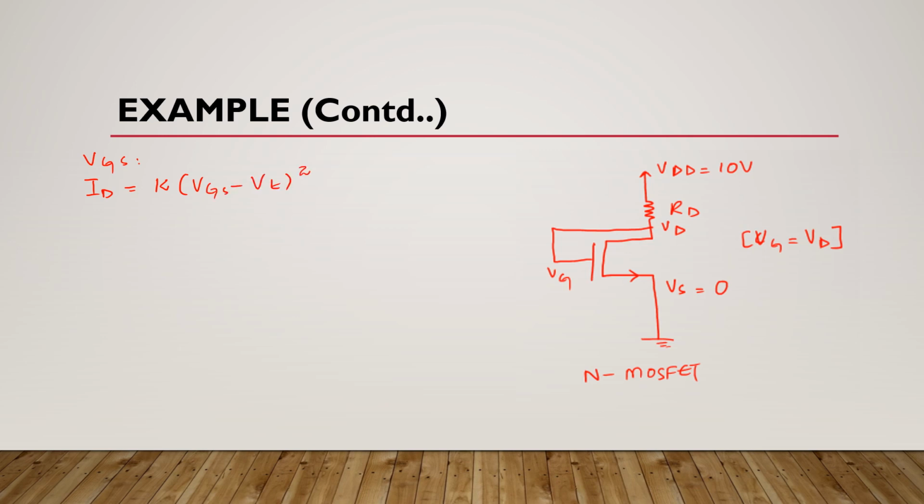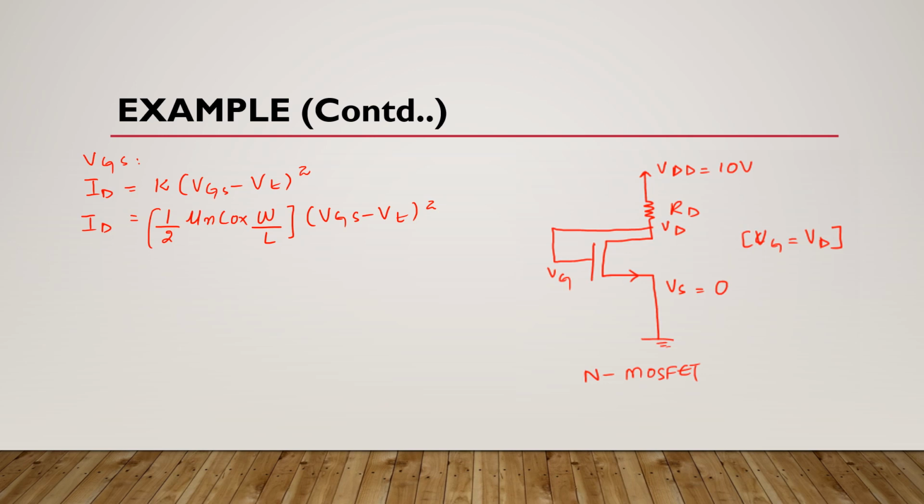Here we know that this K is equal to half mu n Cox W divided by L. This is ID.